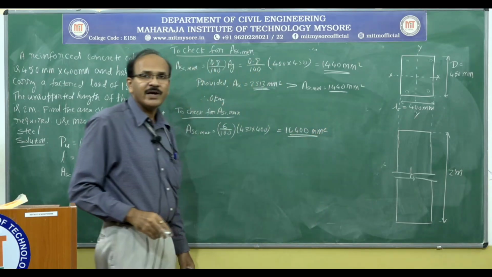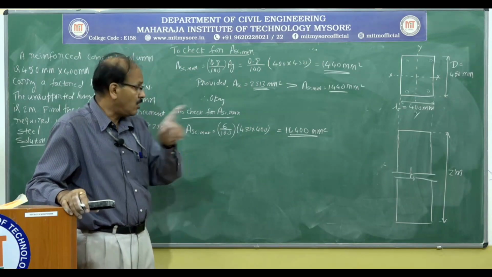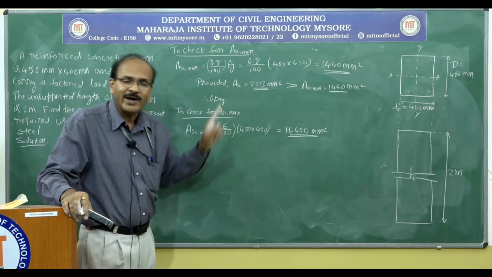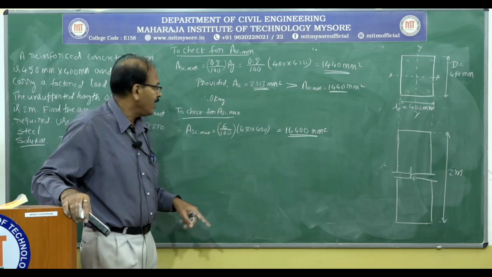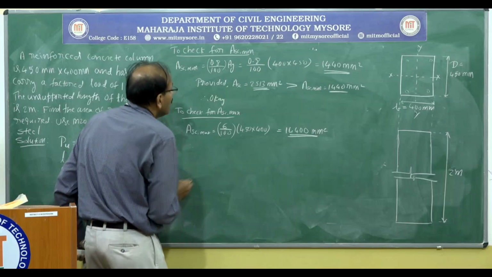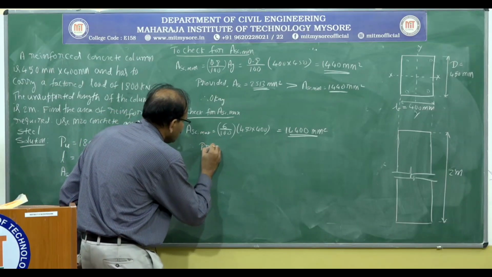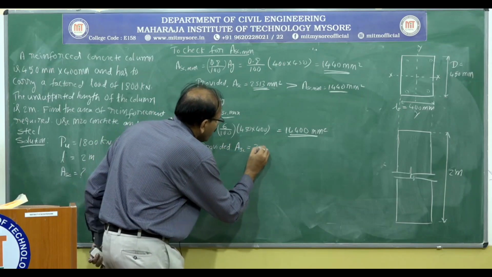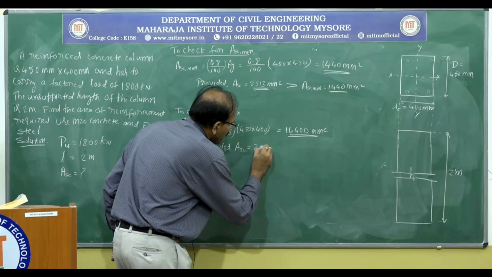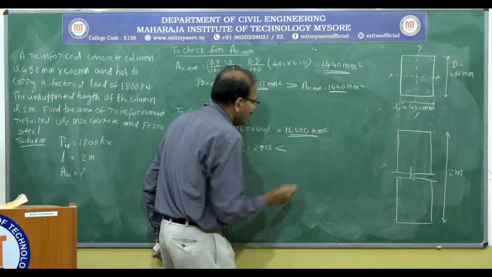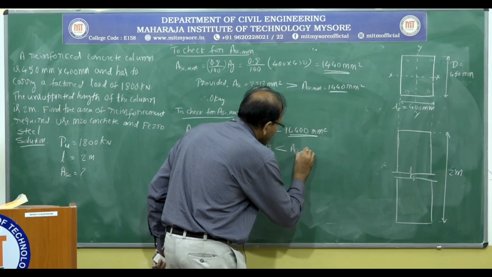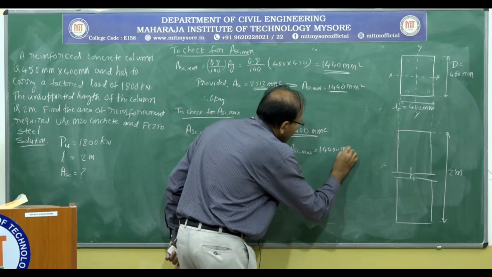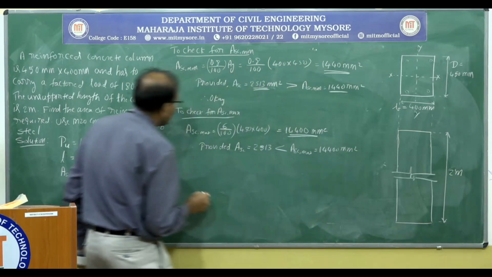That is the maximum area of cross section of compression steel or longitudinal steel we are allowed to provide. Okay. Therefore, ASC provided ASC equal to 2513 is less than ASC maximum equal to 14400 millimeter square. Therefore, okay.